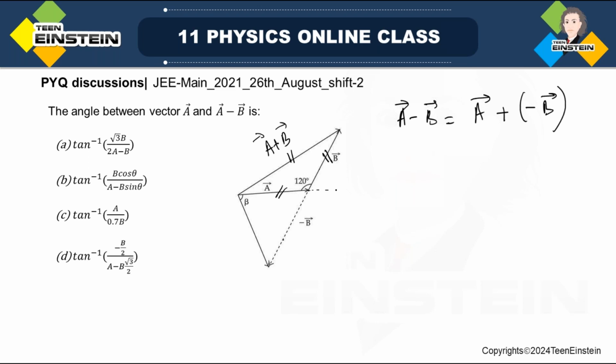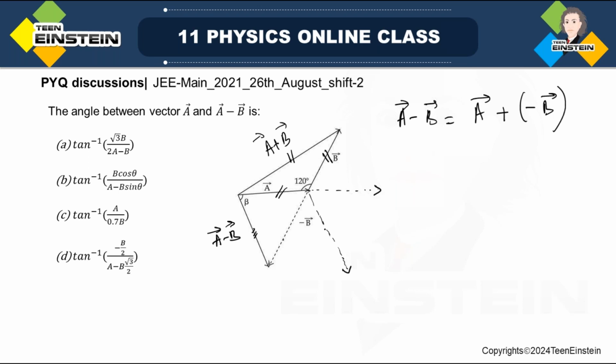If I just extrapolate this, the resultant will be in somewhat this direction. So this particular vector is A minus B. This is the resultant.